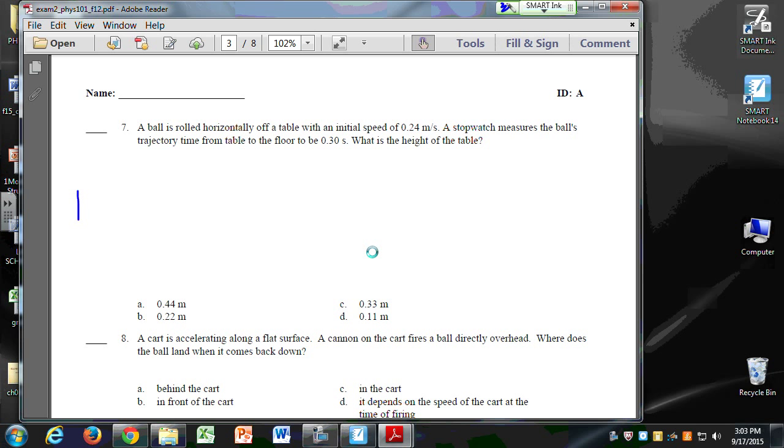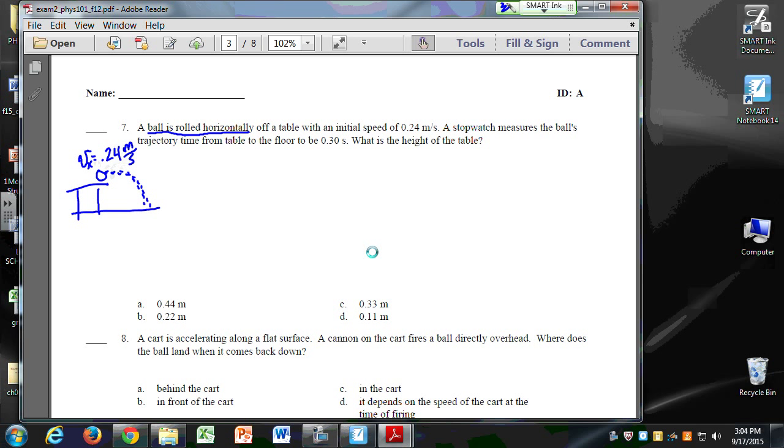Listen, I always like to draw a picture. This is what this object is doing. It's following this parabolic path as it goes off the table. I know that the speed in the x direction is 0.24 meters per second. The reason that I know it's all in the x direction is this phrase right here: it's rolled horizontally off the table.